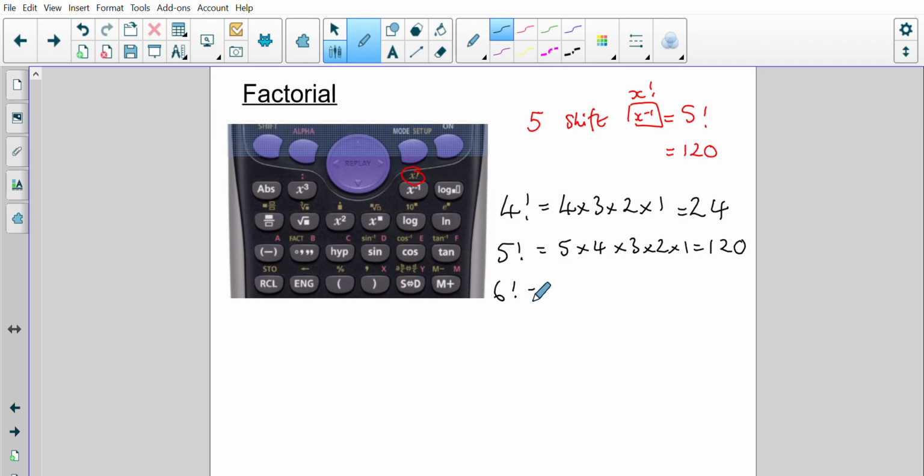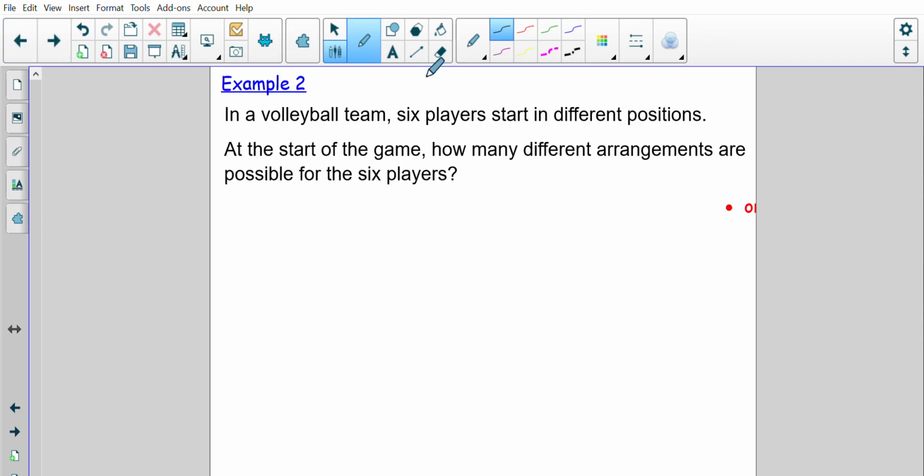If we tried 6 factorial, it would be 6 times 5 times 4 times 3 times 2 times 1. If we try that on our calculator, 6, shift, and then the factorial button, we get 720, and so on. So the factorial button takes the number and multiplies it by every integer all the way down to 1.